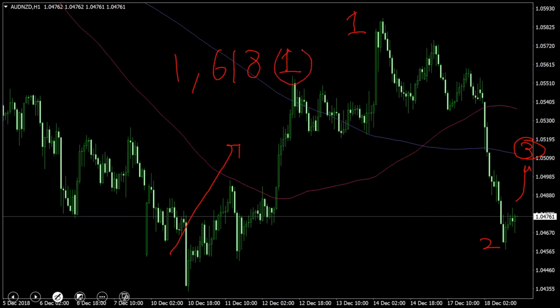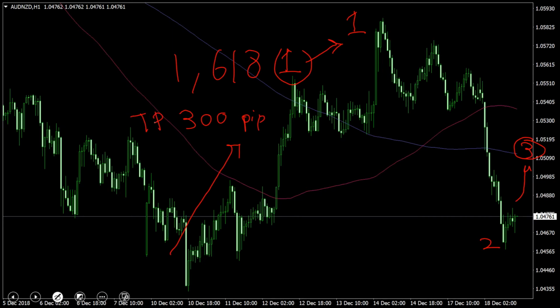So if wave 1 is 150 pips, expect maybe around 300 pips of profit in the waves to come. So wave number 3, maybe around 300 pips, can be your at least take profit.